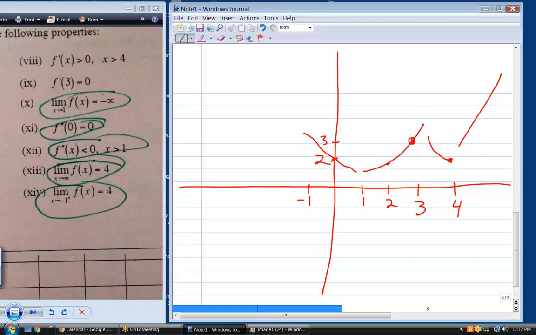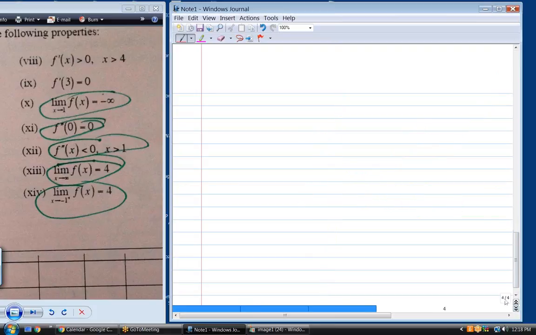F prime of 3 equals 0. What does that mean for my chart? It's either a relative extrema. Well, it's not necessarily a relative extrema, but the tangent line is horizontal. There's a couple of ways you can get horizontal tangent lines.